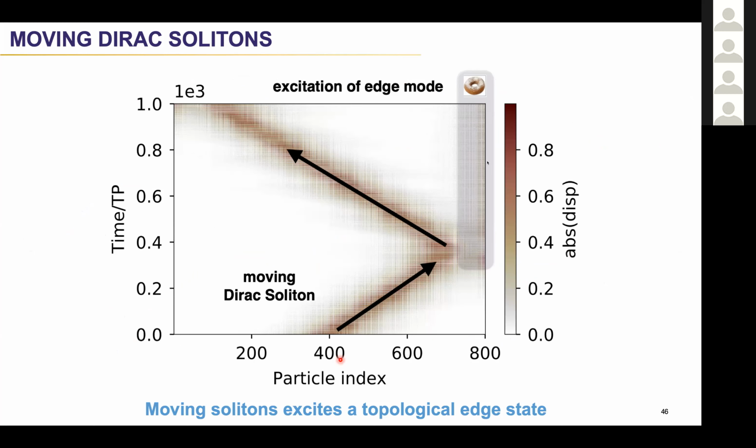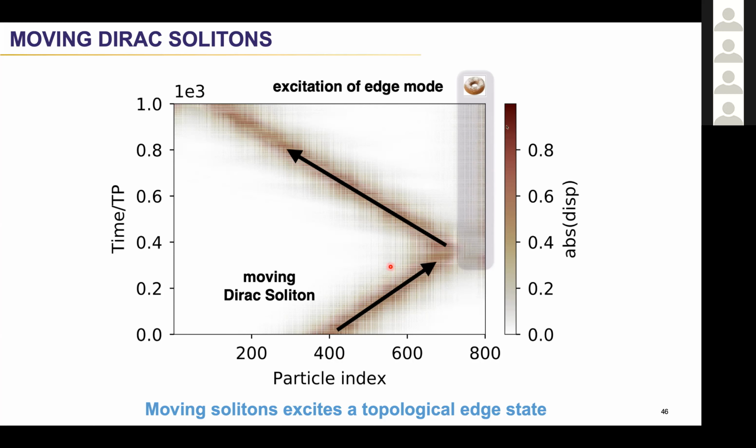What we are trying to think is that we can design structures where these Dirac solitons move along the chain. When they reach the edge of the system, they excite a state on the edge. This is something like coupling a bulk mode to an edge mode, which is not possible in a linear system.